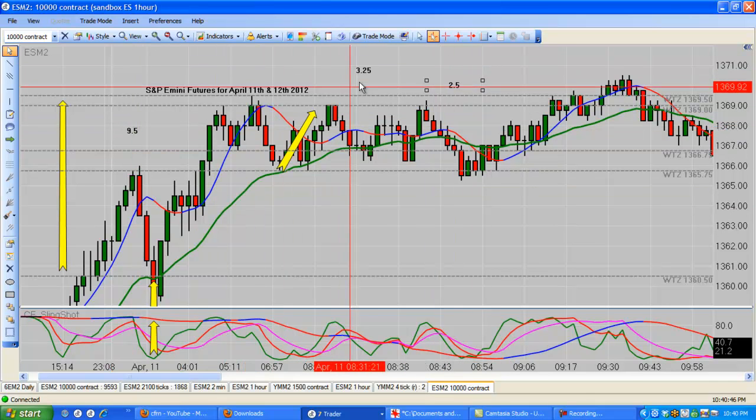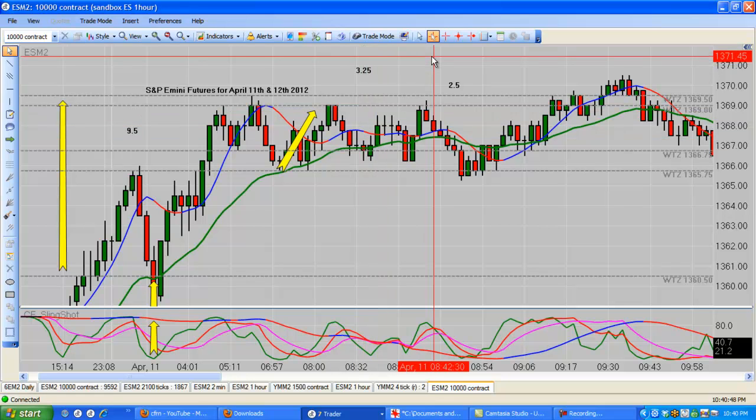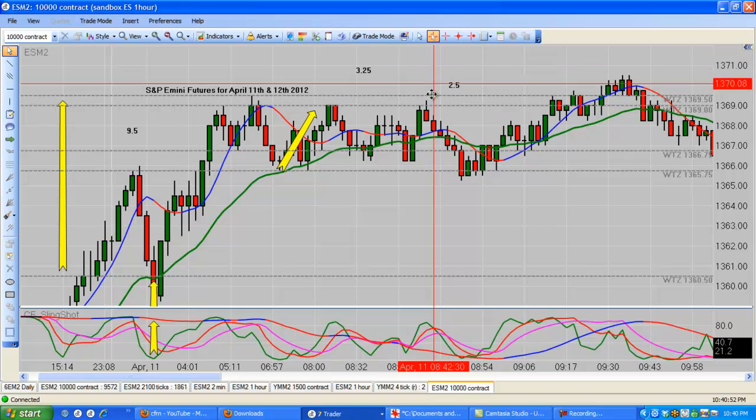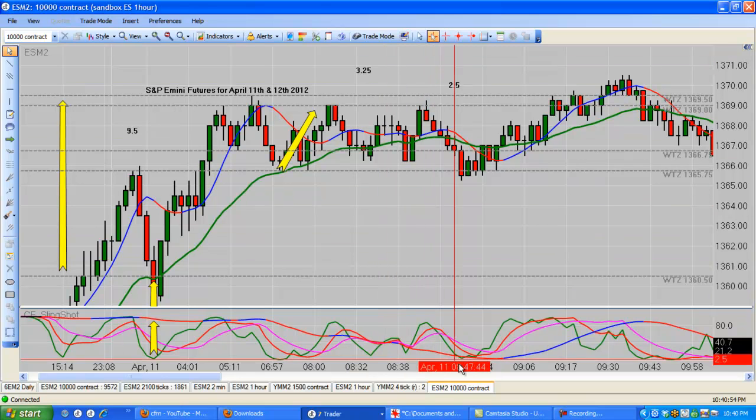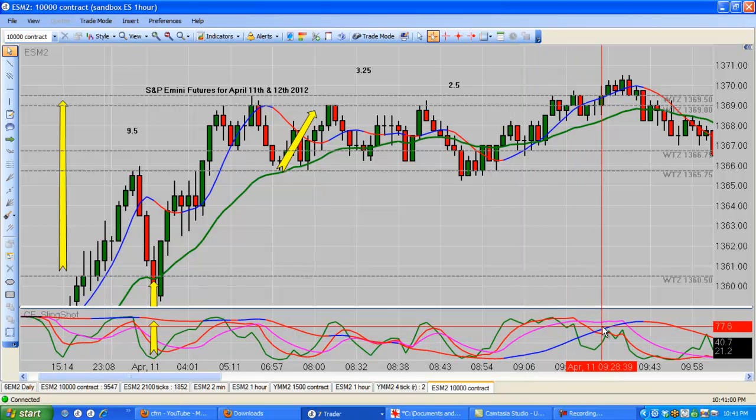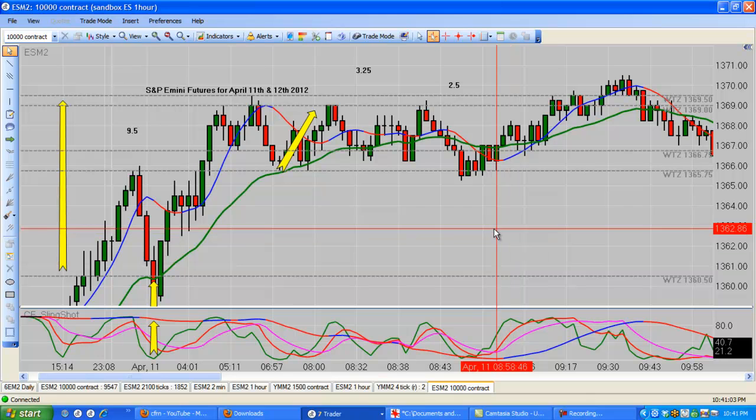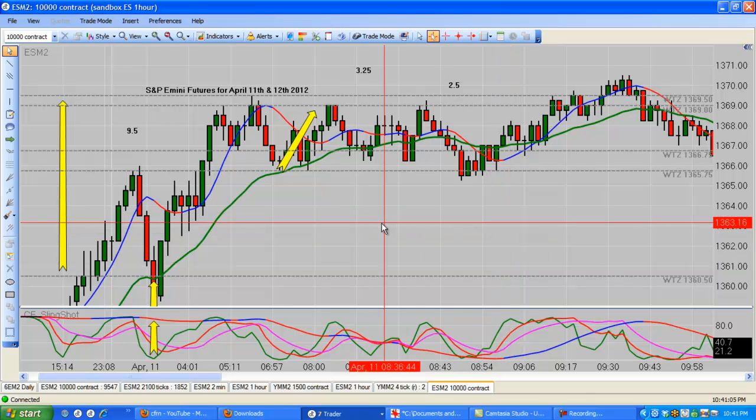First push 9.5, second push 3.25, third push 2.5. Okay, does that mean party's over? I don't know. Do we have any additional confirmation down here on the long side? We've got some, but it's not really easy to explain. I'm not going to go there right now.